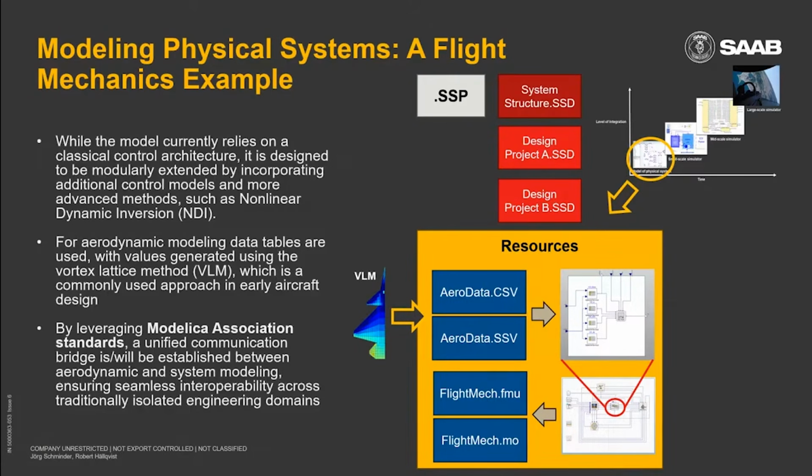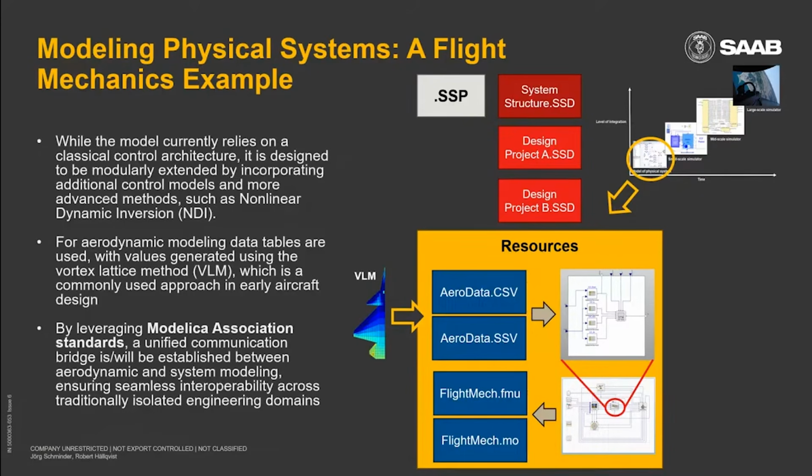Our aerodynamic data, in this case, are simulated using a panel code, and at the moment this data are CSV data files, which are then read into 2D tables, which we can find in the standard Modelica library. These CSV files are then the input for the aerodynamic modeling.